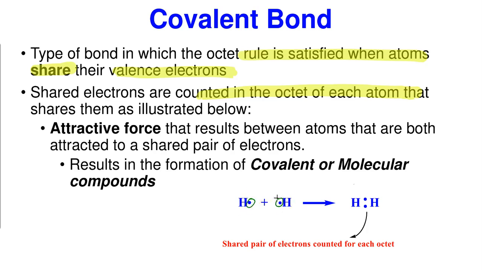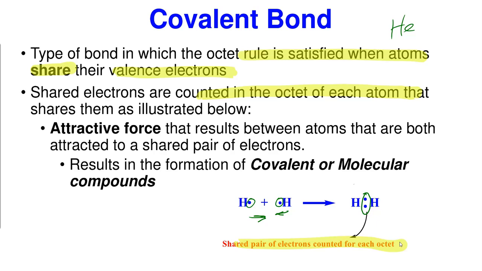For hydrogen to satisfy the octet rule, it wants to look like helium, the closest noble gas, which has two electrons. So two hydrogens come together to share this one electron to make it two. Each hydrogen now has two electrons counted, and the shared pair of electrons is counted for each octet.